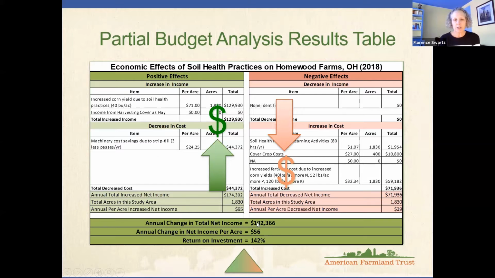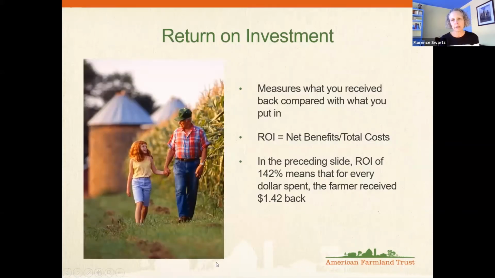As Michelle mentioned, we have the totals down here at the bottom. This is for the full study area on the farm. We have a per acre value here, and we have their 142% return on investment. I'm going to go to the next tab here, and we'll talk a little bit about return on investment. Basically, it's measuring what you receive back compared with what you put into something.